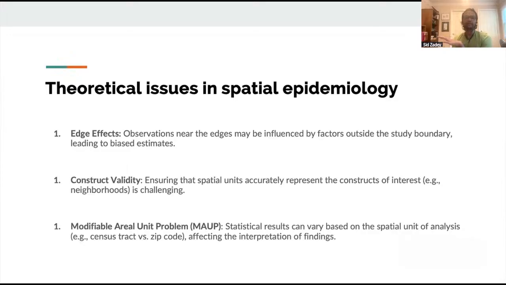Here the idea is that as you change the spatial unit of analysis, your findings may change. And so there's always a reason to choose a certain scale versus not choose it.